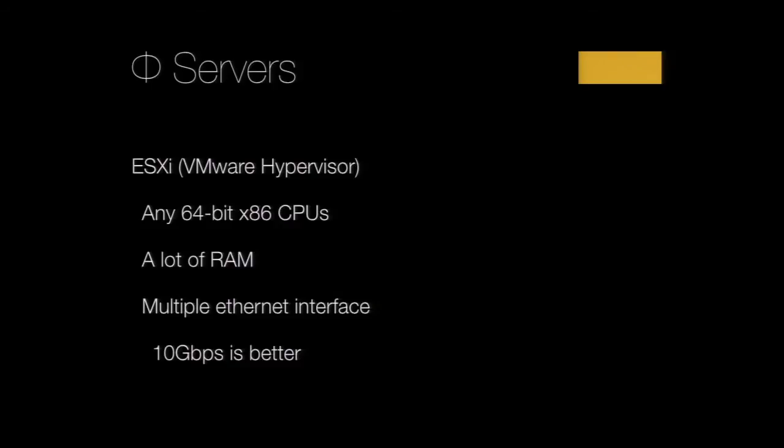And eventually, you need a Fibre Channel card if you want to access Fibre Channel storage. But that's all you need for ESXi. A compatible Intel processor and a lot of RAM.